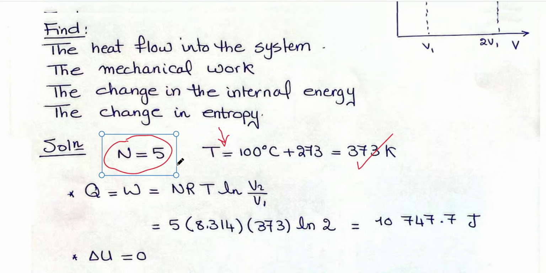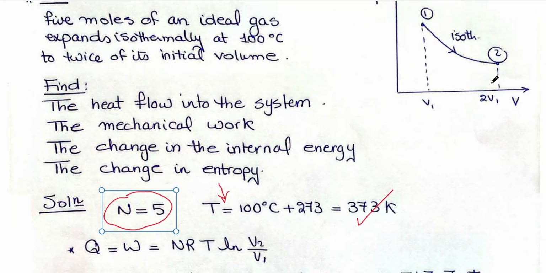Let's start solving. For an isothermal process, the change in internal energy is zero. So delta U is always zero for an isothermal process. And the mechanical work and the Q are equal. So I will just calculate one equation.